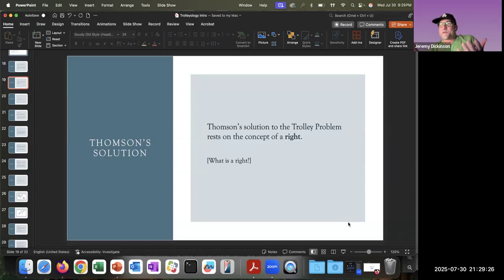So this helps us understand utilitarianism a bit better. I wanted to introduce utilitarianism as a framework for thinking about moral problems, because that's one of the common ways that philosophers attempt to deal with moral problems.